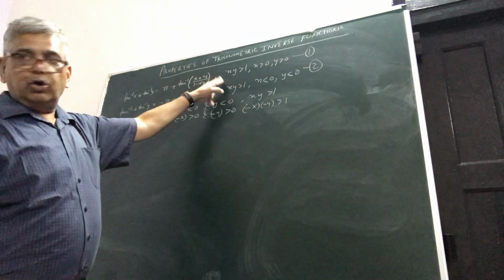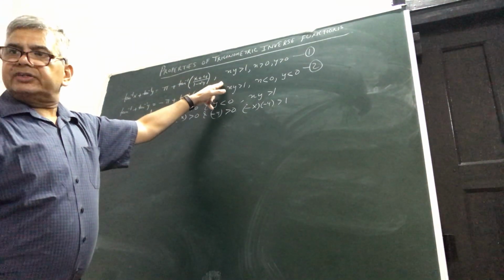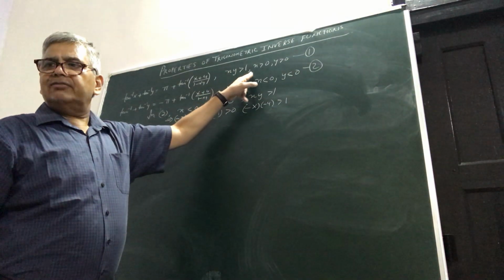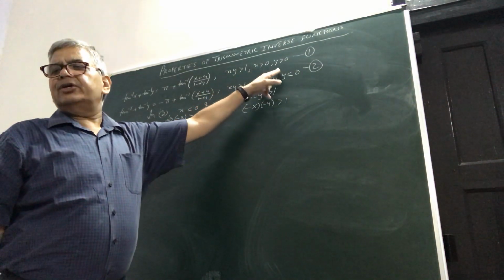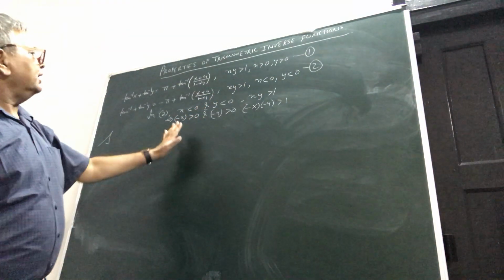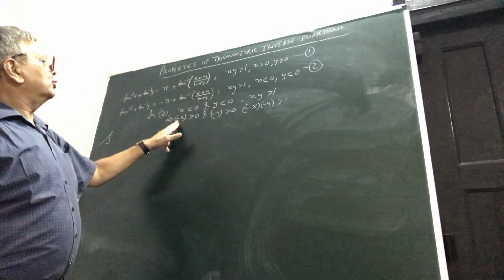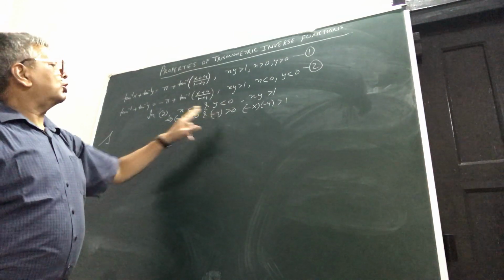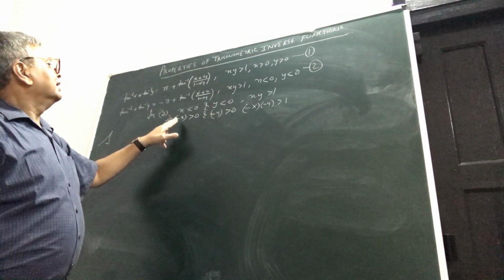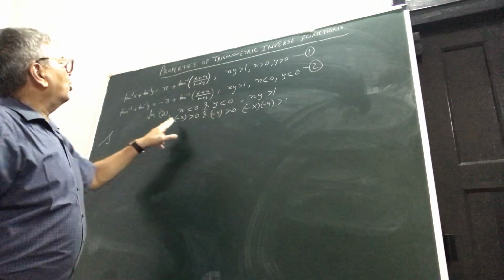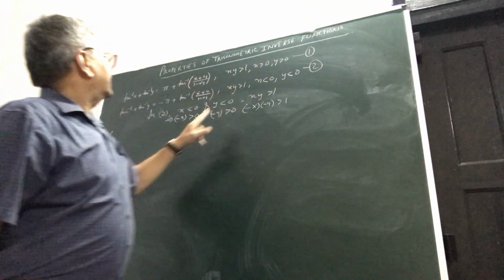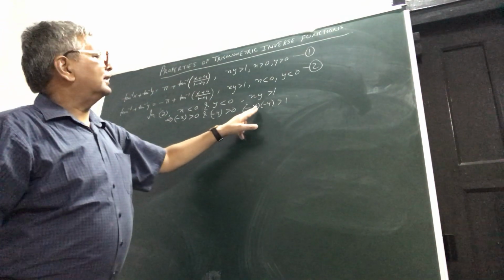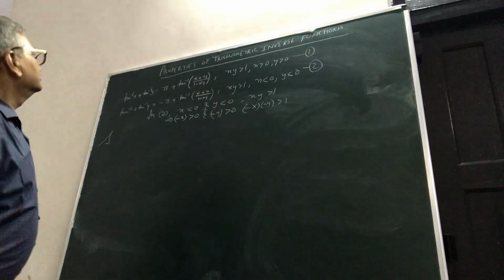This formula will hold good for the obvious reason that we only need xy greater than 1, x greater than 0, y greater than 0. So at the place of x and y, we need to replace them by minus x and minus y, because then all three conditions are satisfied: minus x greater than 0, minus y greater than 0, and minus x into minus y is greater than 1.